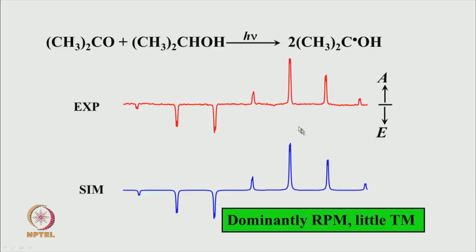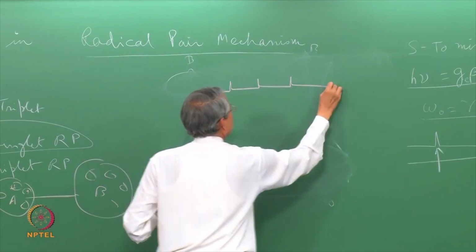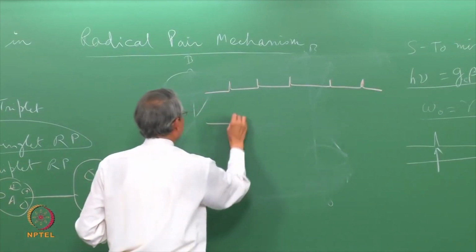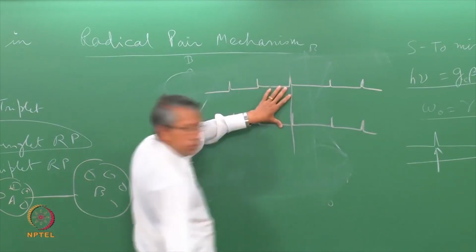Otherwise, if it is pure RPM, then the two radicals are identical, so delta g is precisely 0 for both of them. If we calculate the intensity for radical 1 in this fashion, radical 2 is exactly the same.